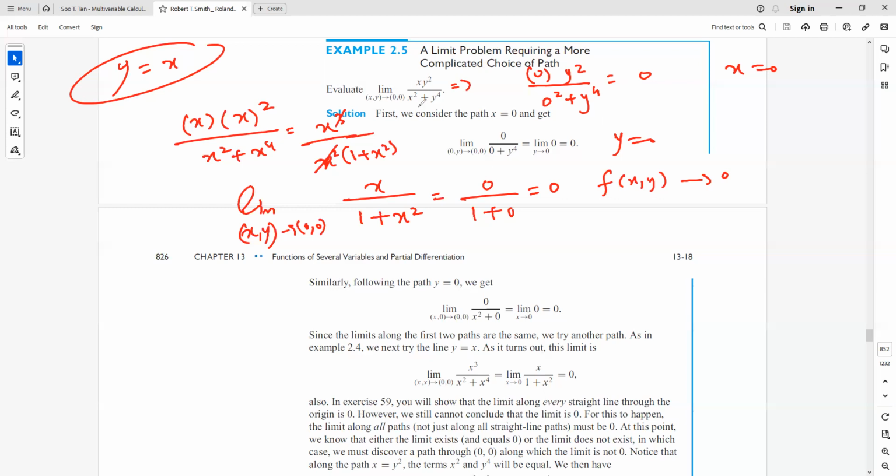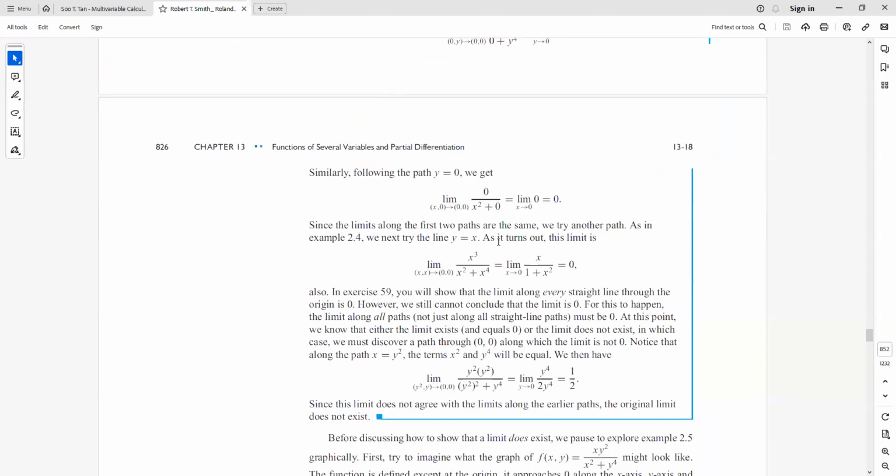So again, we get 0 from the path y equals x, but this is not sufficient to say that the limit exists, even if we approach from 3 or 4 different paths and the limit is the same, because there might be a different path from which we approach and the limit is not the same.